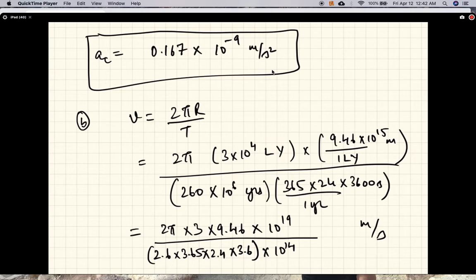Okay, so this works out to 2.17 times 10 to the power 5 meters per second. So velocity works out to 2.17 times 10 to the power 5 meters per second.